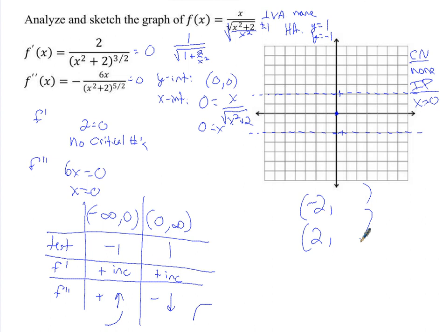So just to be a little bit more accurate, we already know the graph is going to do something like this, but I don't know exactly how it's going to do that. So let's take -2 and plug it in. We get -2 in the numerator. Square root of 2 squared, so that becomes 4 plus 2 is 6, so the square root of 6. We have -2 divided by the square root of 6.